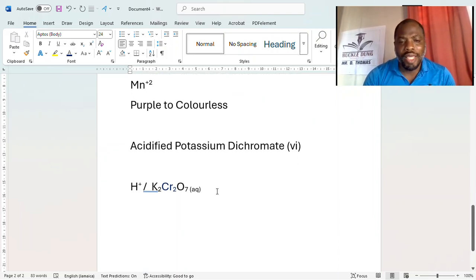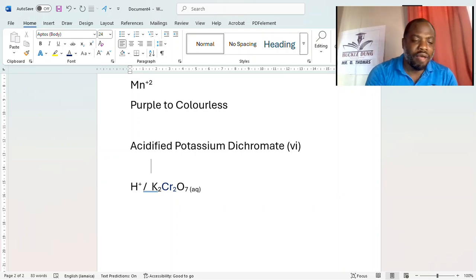So we know that when we add the oxidation numbers of all the atoms, you should end up with it being equal to 0. So we know that each potassium is a plus 1. We have 2 of them, so they are plus 2.